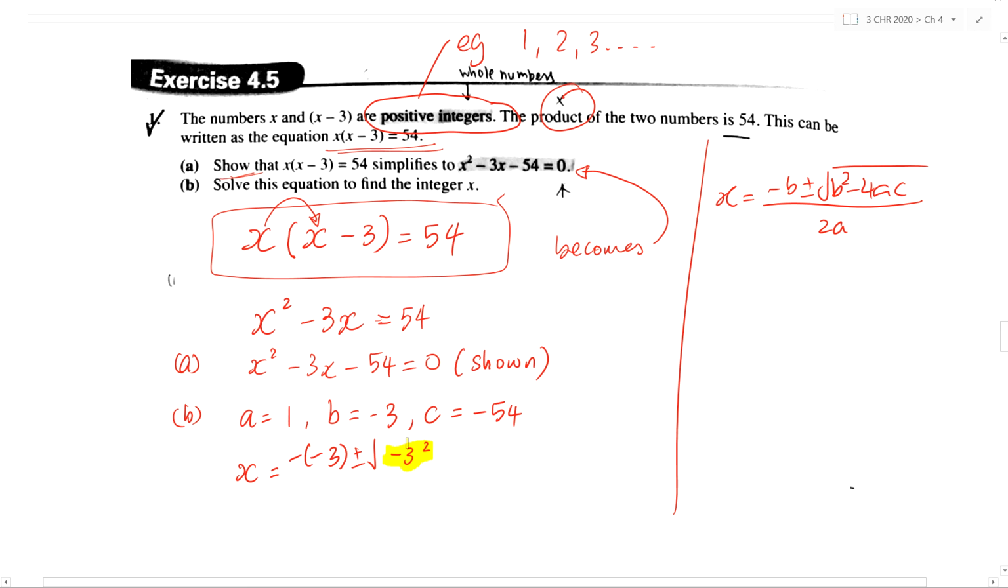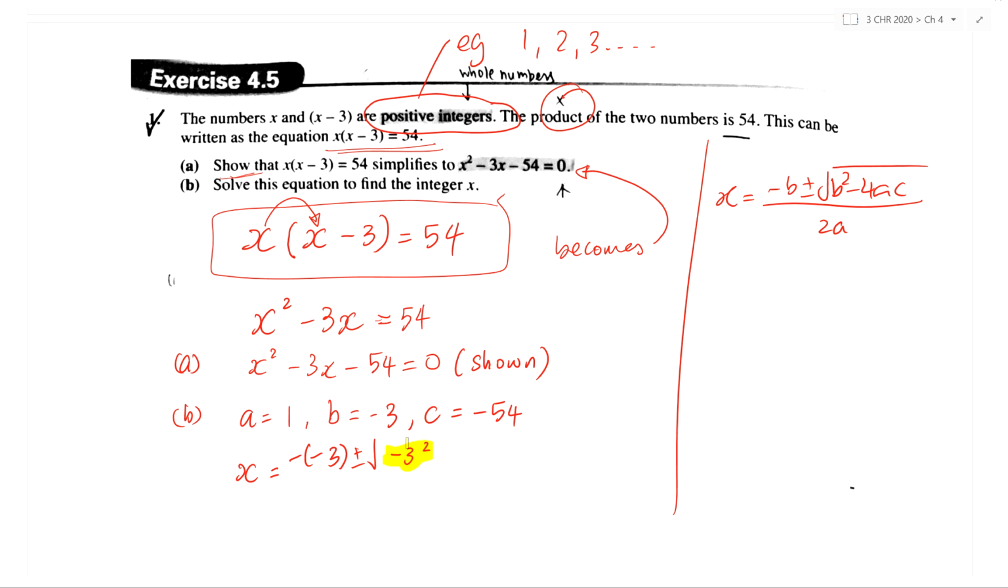This that is highlighted currently looks like a B square, but it is wrong. If you use your calculator, you key in minus 3 square, your calculator will tell you the answer is negative 9. I just key in minus 3 square. My answer is negative 9.